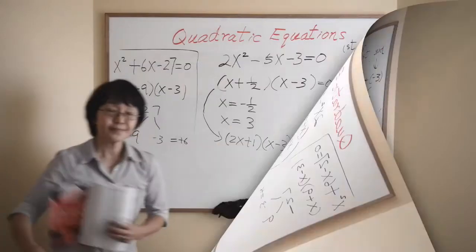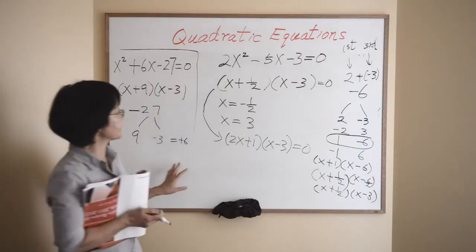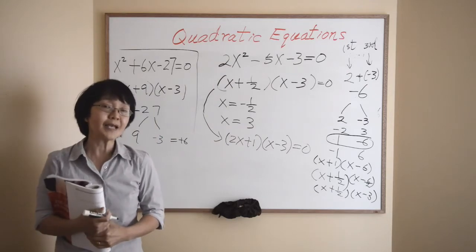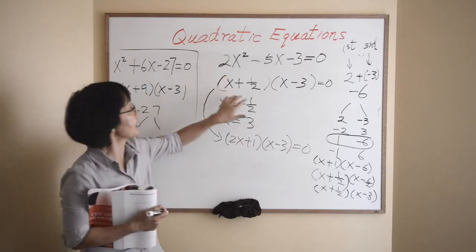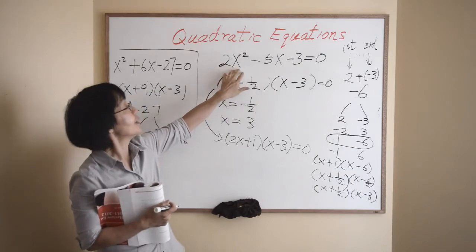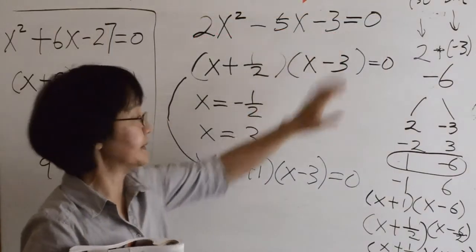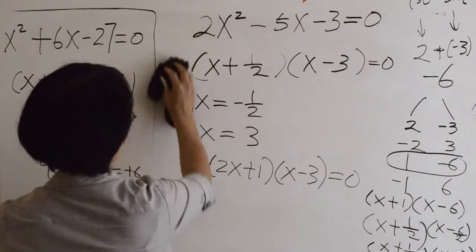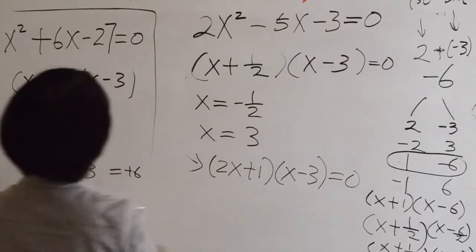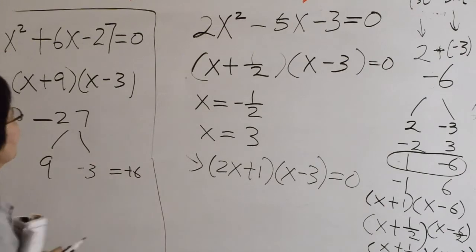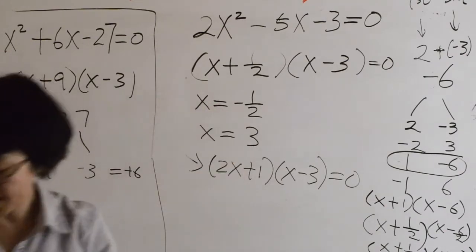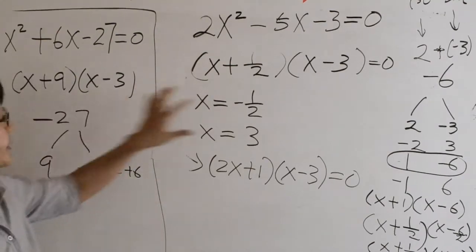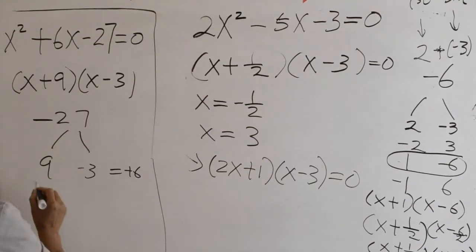Good. Okay, so you see this is how you solve this kind of trinomial question. And I'm going to explain a little bit how you relate the solution to the graph of the quadratic function, okay? Now, if I want to see the graph of this and this, this is how you do it.